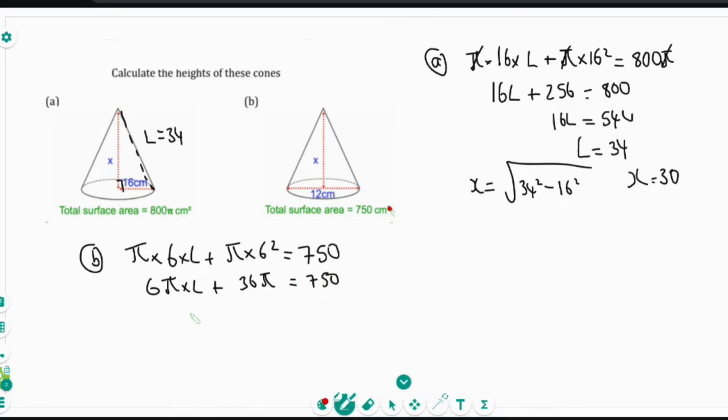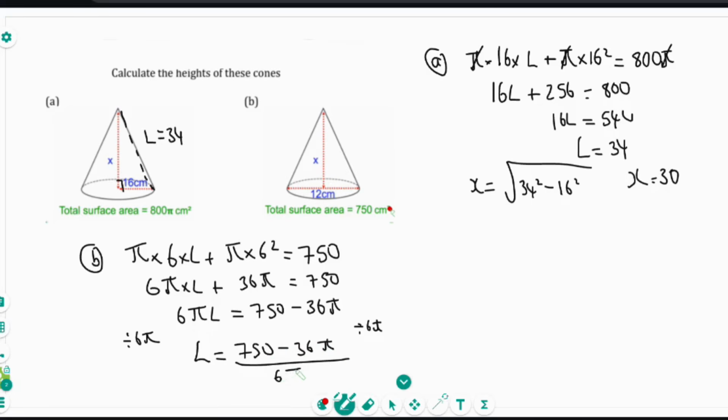I'm going to minus 36 pi off both sides. So 6 pi L is equal to 750 minus 36 pi. Now I'm going to divide through by 6 pi. This is L times 6 pi. I'm going to divide both sides by 6 pi. L is equal to 750 minus 36 pi all over 6 pi.